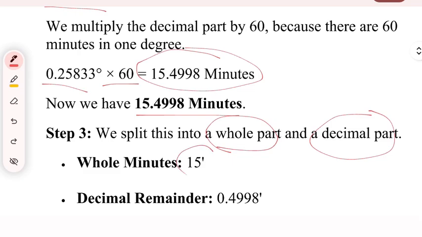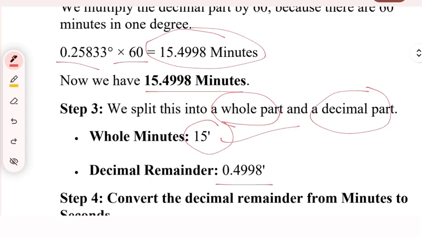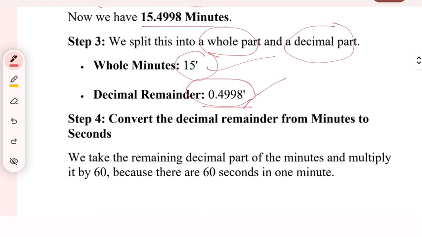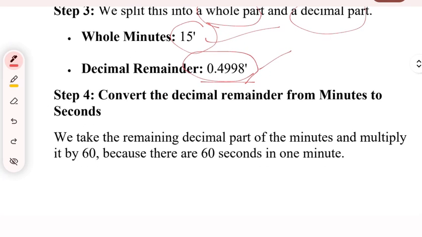The whole part is already in minutes, and the remainder is 0.4998 minutes. We will work on the remainder and convert it into seconds, so we take the remaining decimal part of the minutes and multiply it by 60.